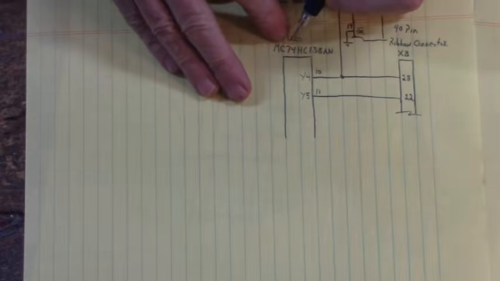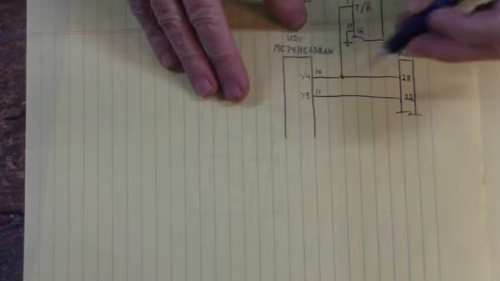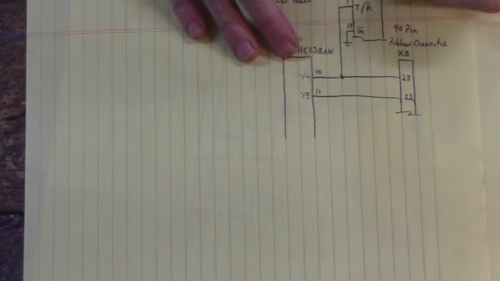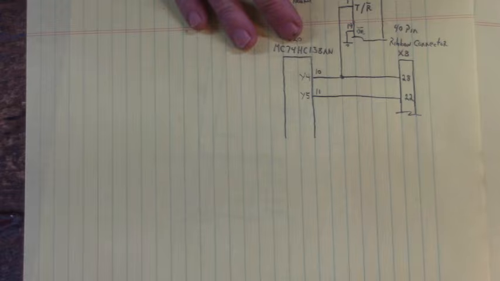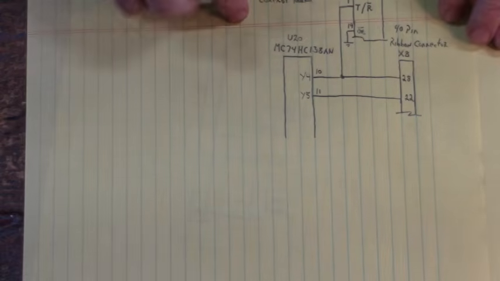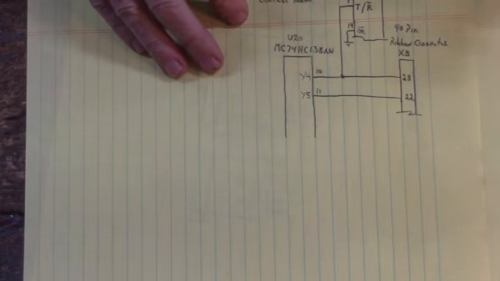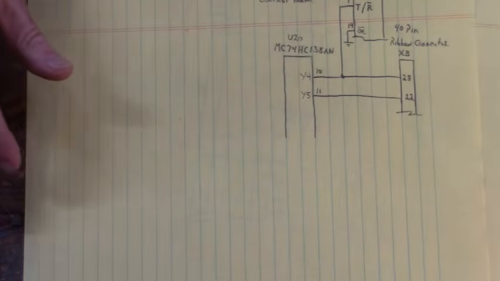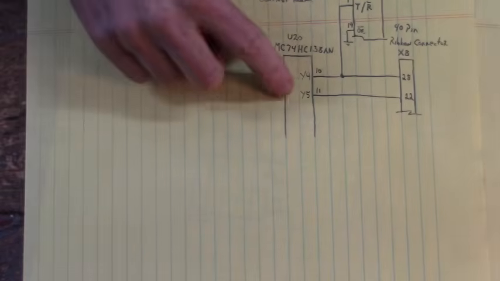And Y4, that's on pin 10 of the 74HC138. That also goes to the transmit receive of an SN74HC245. This is on the control board. I think that's everything. Now I didn't flesh this out.